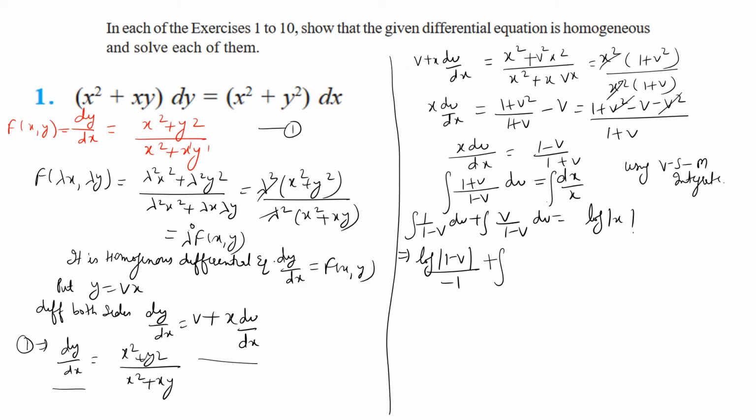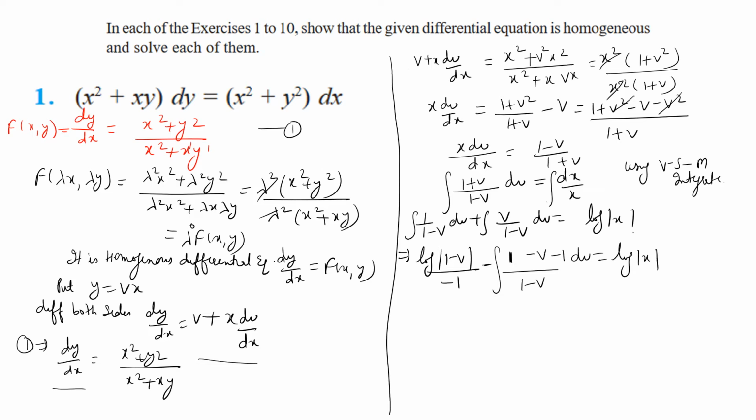Now here what you can do is add and subtract 1. I just need to write it as minus v, because in the denominator we have minus v, so I will add 1 here and subtract 1.